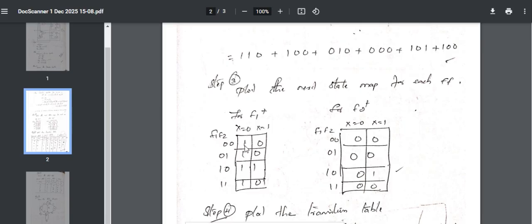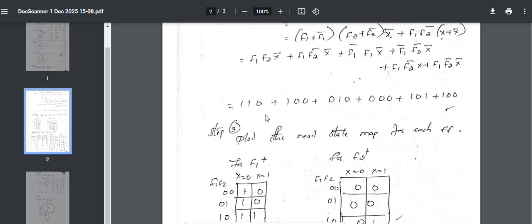Why? Because in the previous step we simplified and got binary terms, and in that we have the term 0, 0, 0. So the presence of the term is noted here in step 3 as 1.